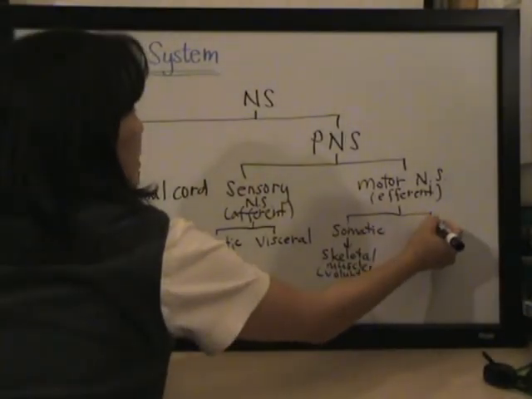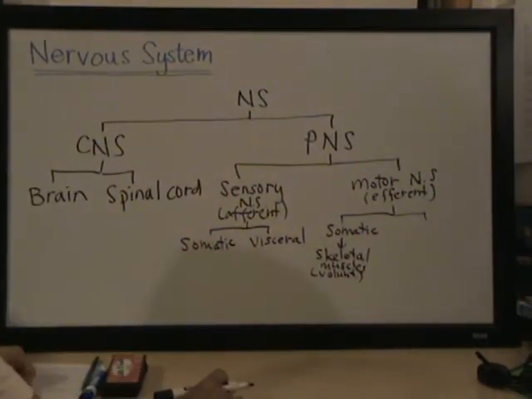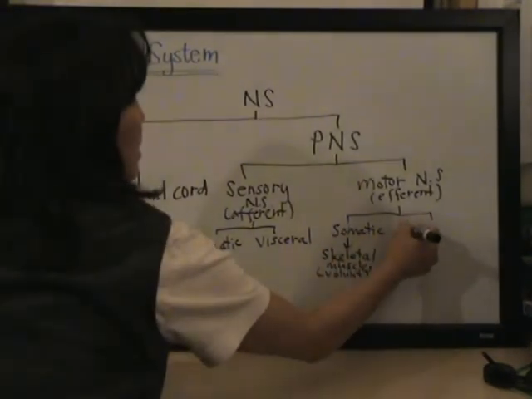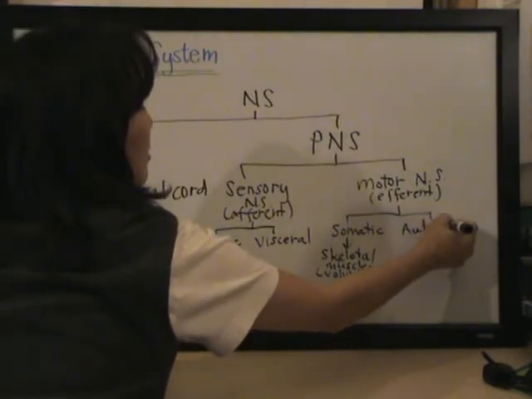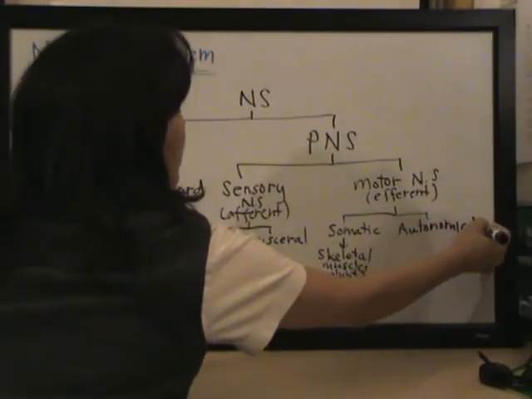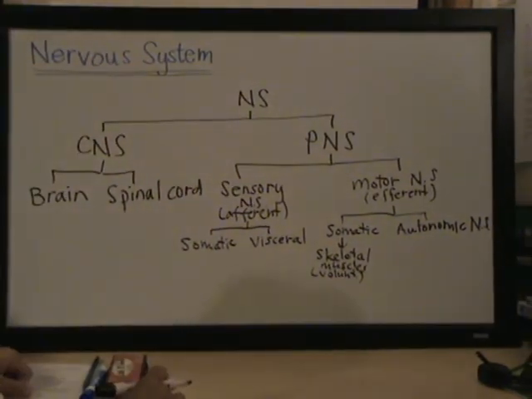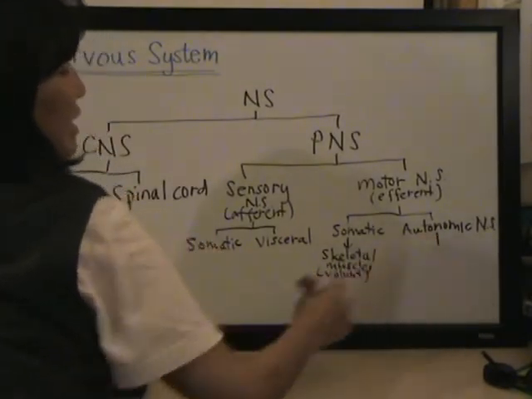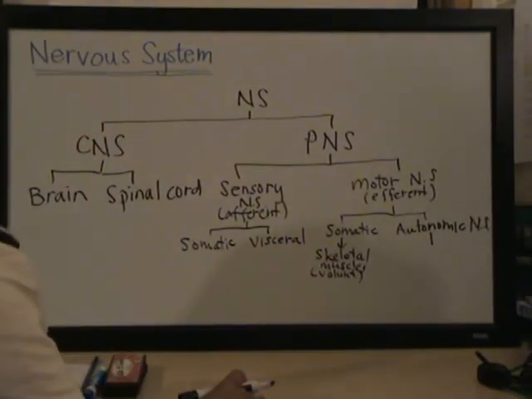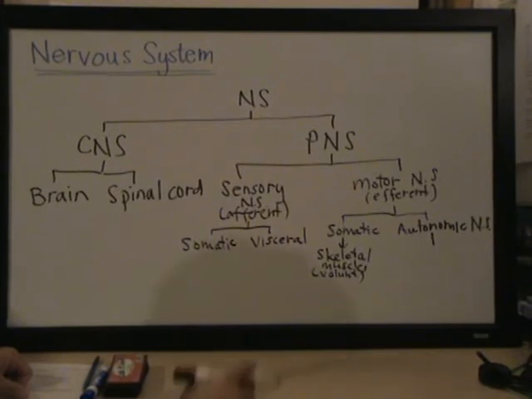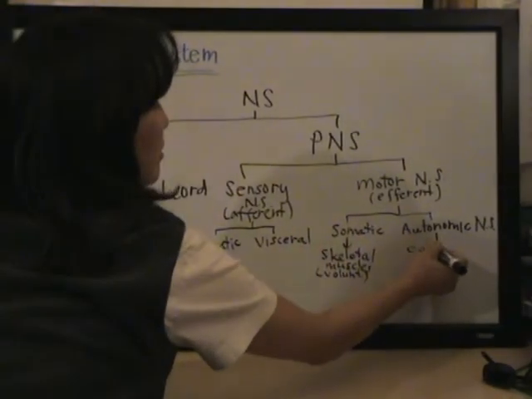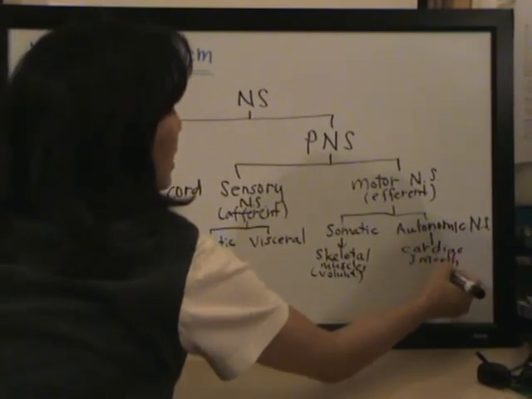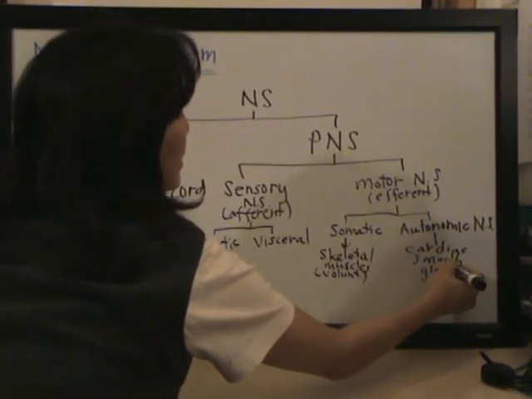The other part of the motor, or the efferent part of the nervous system, is called the autonomic. The autonomic nervous system, which we'll talk about later on in more detail. So autonomic sounds just like it. We say autonomic is automatic, so it is involuntary. So the cardiac muscle, smooth muscle, and glands, things we don't control.